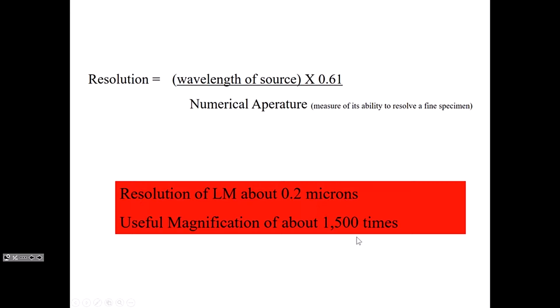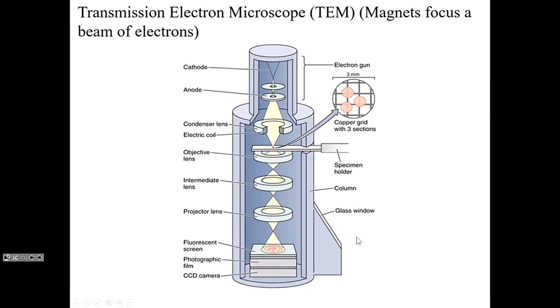Obviously, some microscopes are better than others, but a good microscope will let you magnify it 1,500. Another type of microscope is an electron microscope, a transmission electron microscope. In this microscope, instead of glass lenses to focus the light, we have electromagnets that focus a beam of electrons.